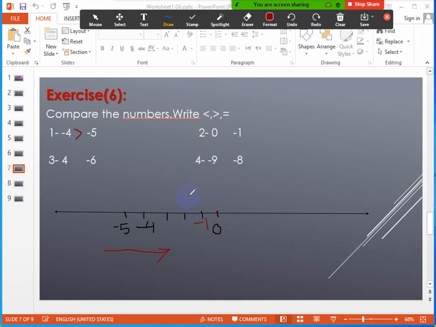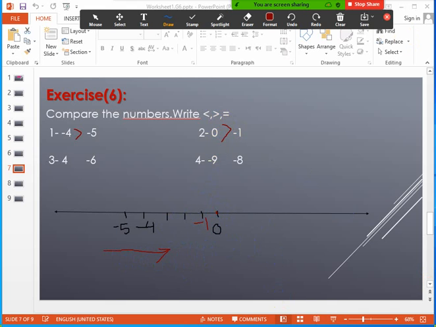Jenna Farid, and tell me which one is the greater. Yes, Jenna, which one is the greater? 0. Very good. 0 is greater than -1. Thank you, Jenna, because 0, according to the direction, 0 is greater than -1.